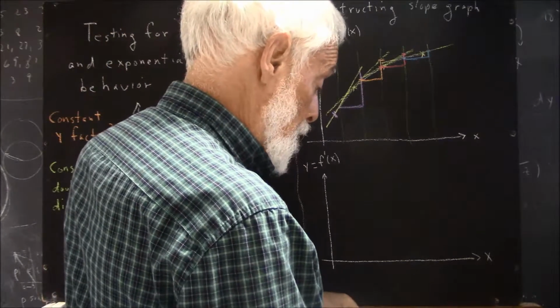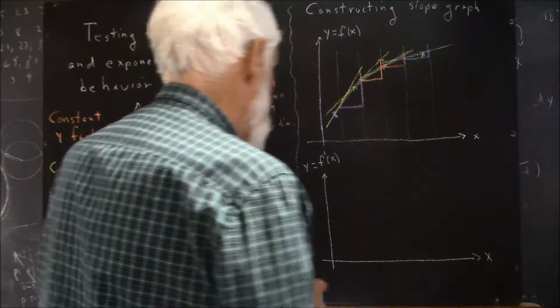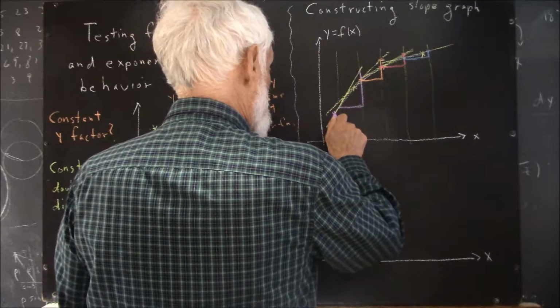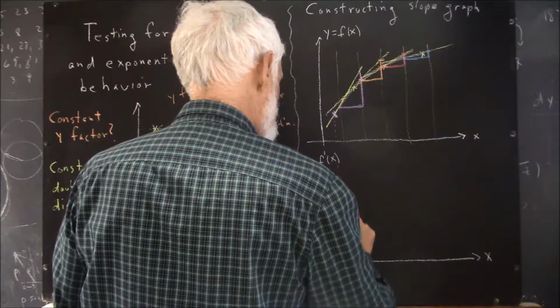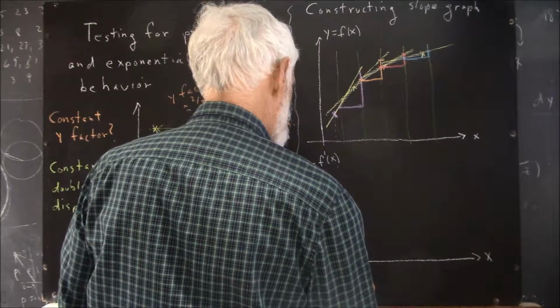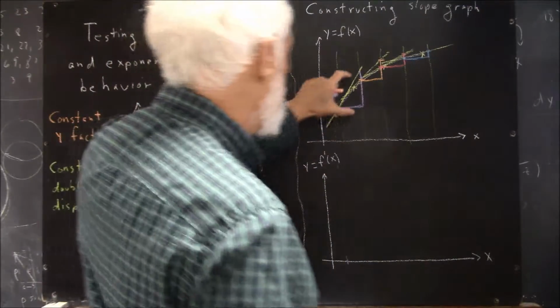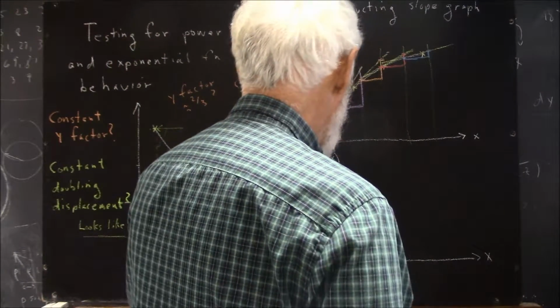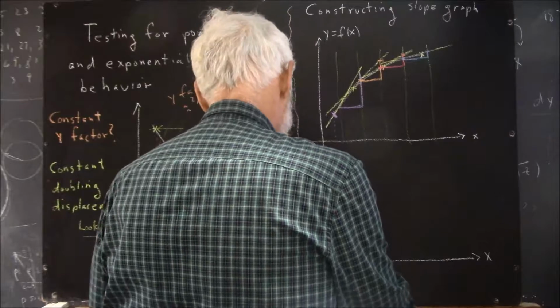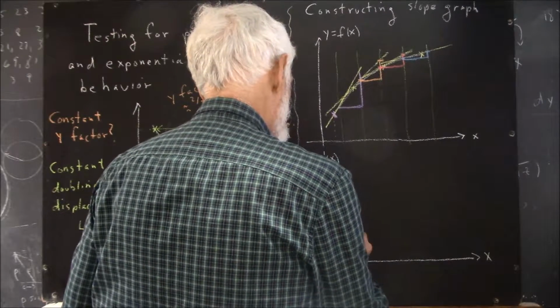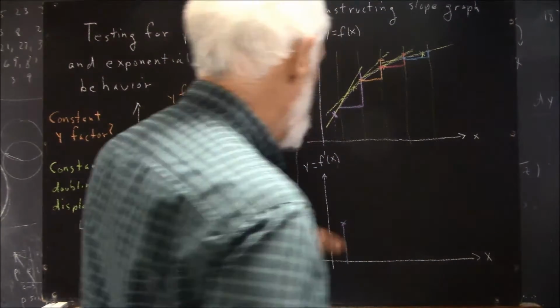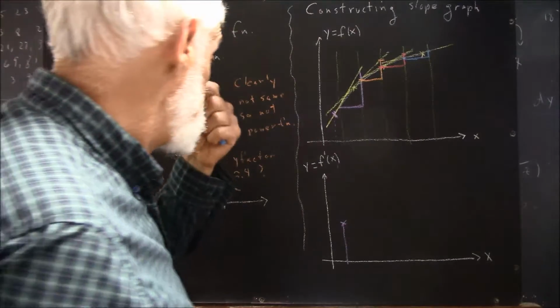So at the first point, and the x-coordinate of that point is here, we're going to go ahead and dot that down to here. I'm going to have a line segment of this length. So I could actually construct that line segment. And at the top of that line segment will be a point on my slope graph.